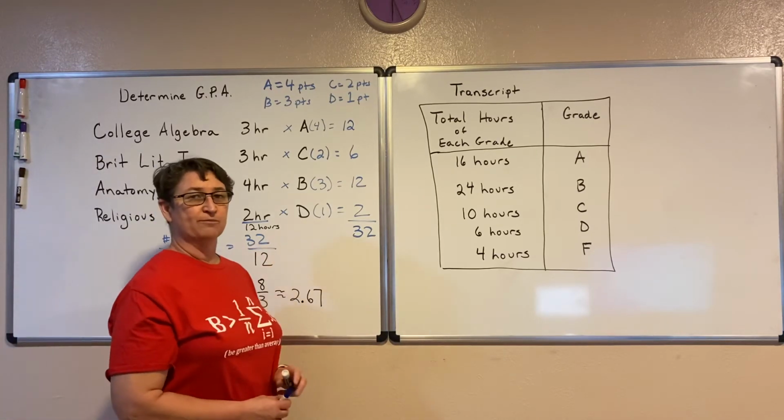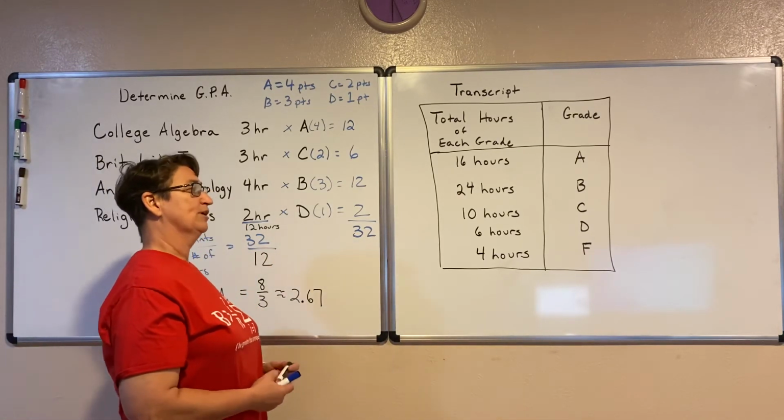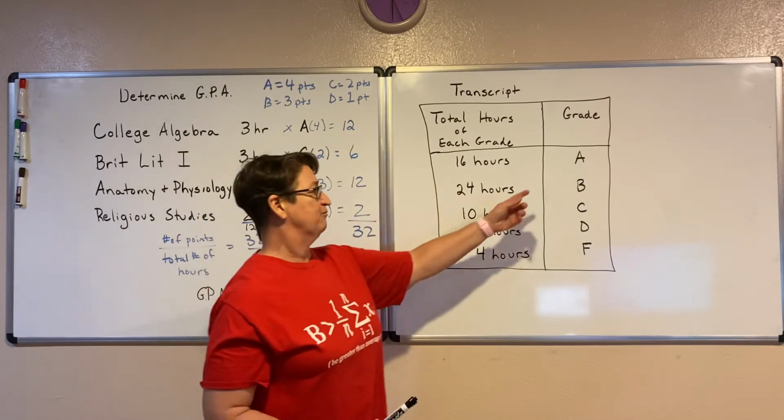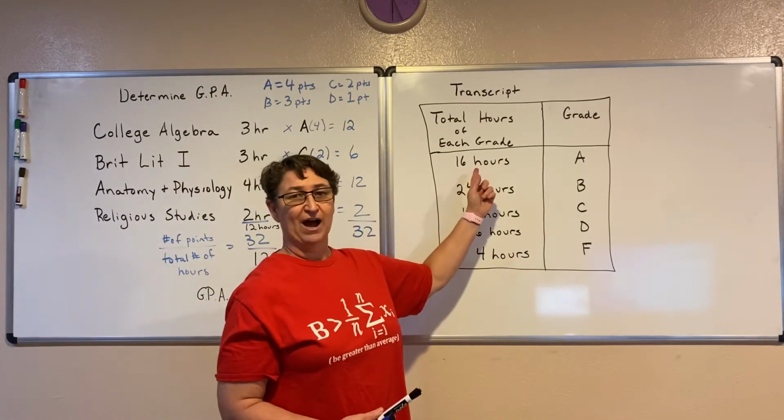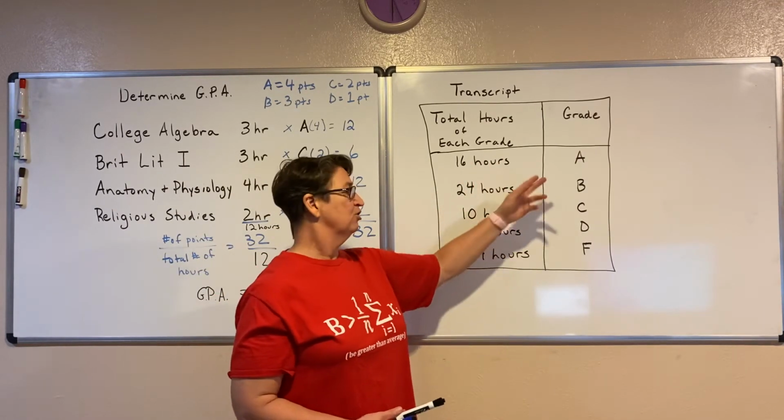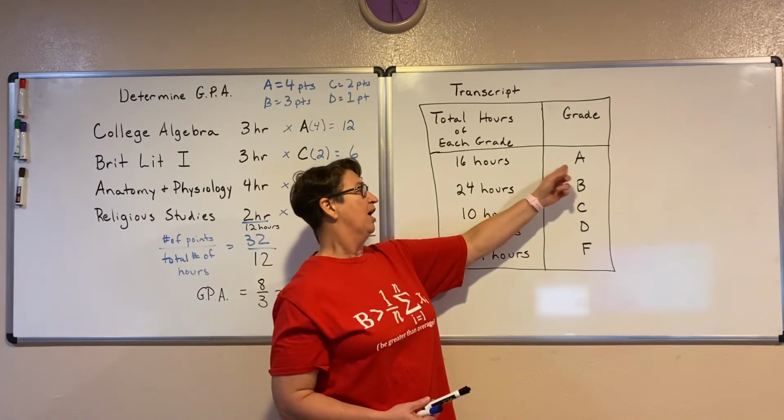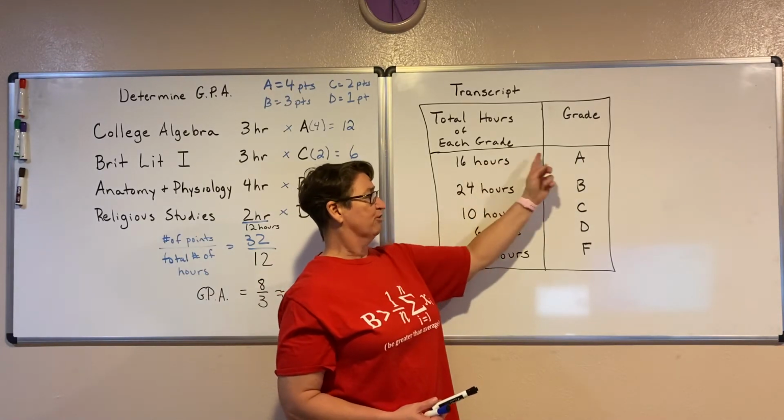Let's do another one. Here's an example of a transcript where someone's looked at all the grades they've made and counted the number of hours they made of each of those grades. So for instance here, there were 16 hours worth of A's.